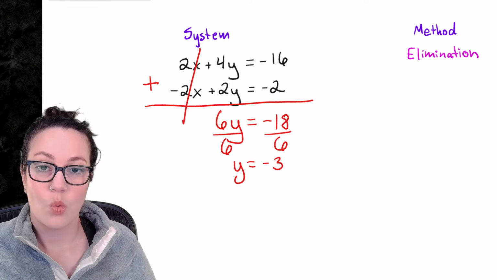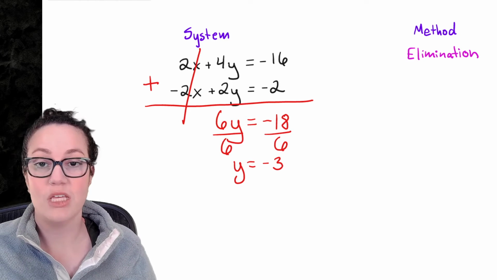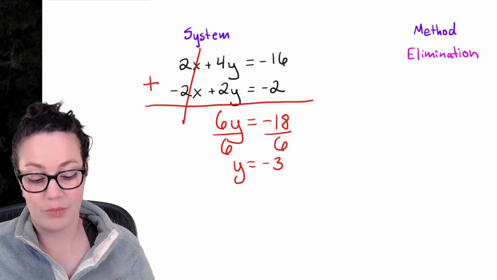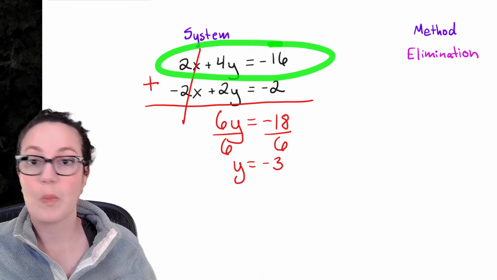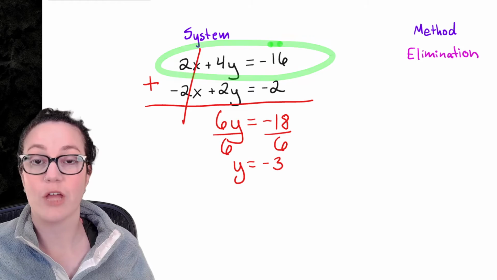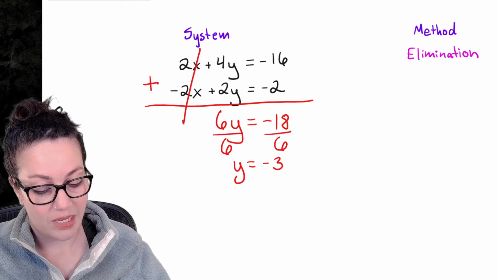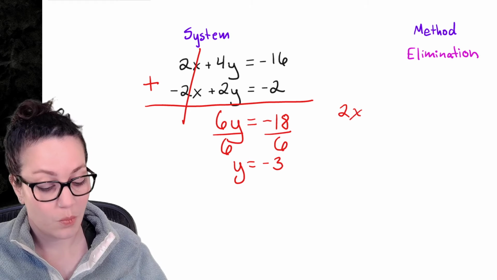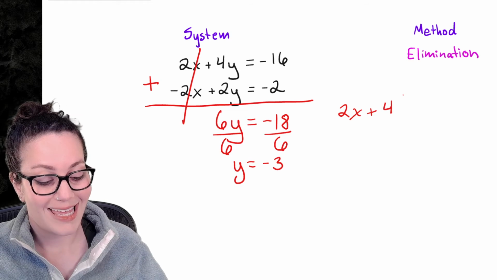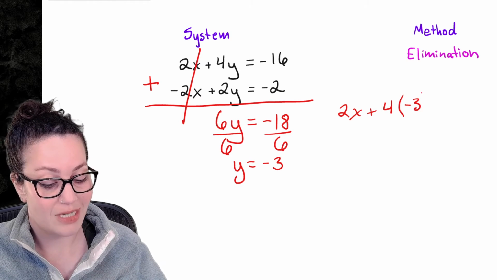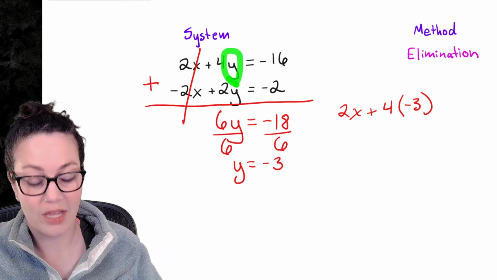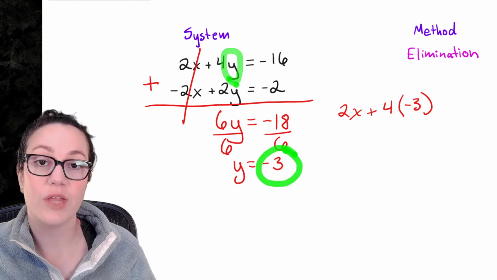Then we want to find our x. We can use either equation. I'm going to pick the first one, just because. I'll check it with my other equation. So I'll say 2x plus 4 times -3, because now I'm replacing this y with the value that I found for y.